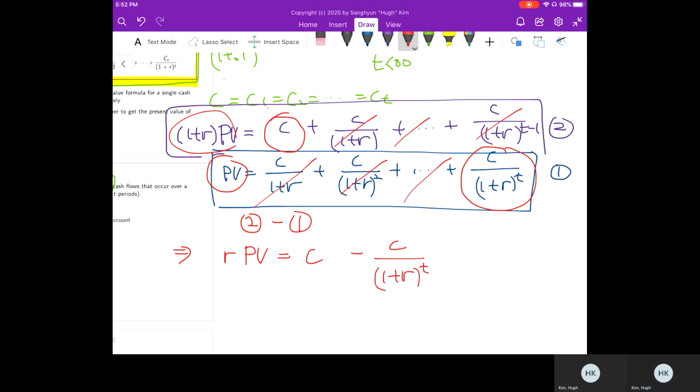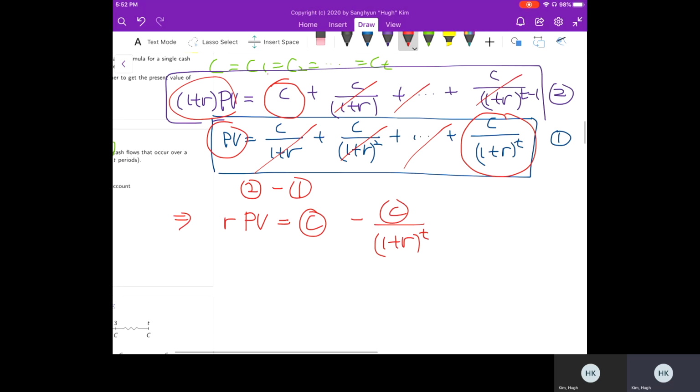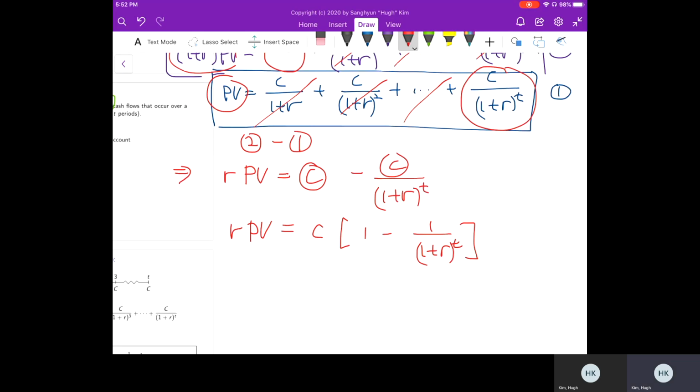Okay. So we can collect these two terms here: C times (1 minus 1 over (1 plus R) to T). So that is R times PV. So the present value of annuity is equal to C over R times (1 minus 1 over (1 plus R) to T).